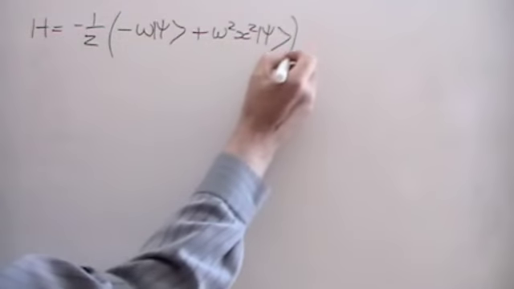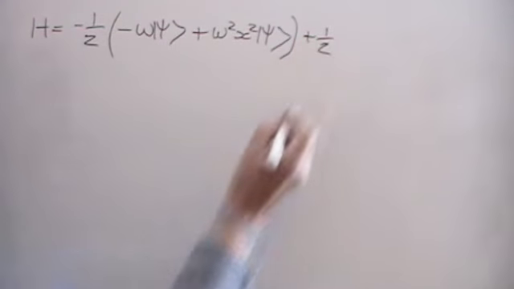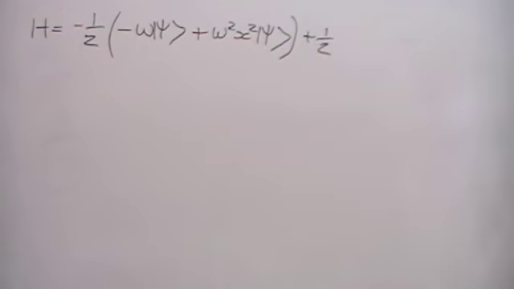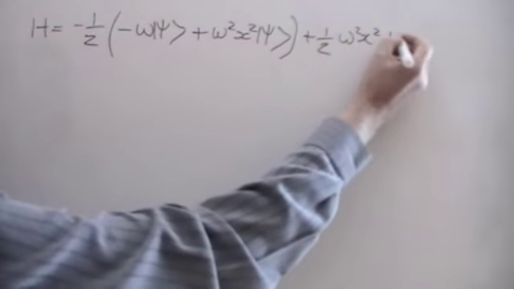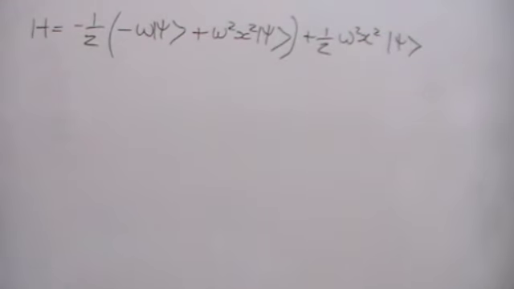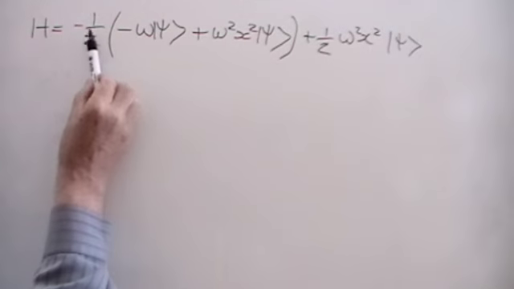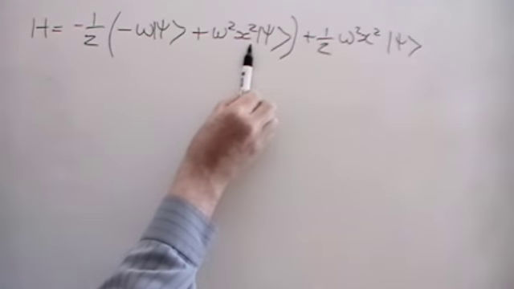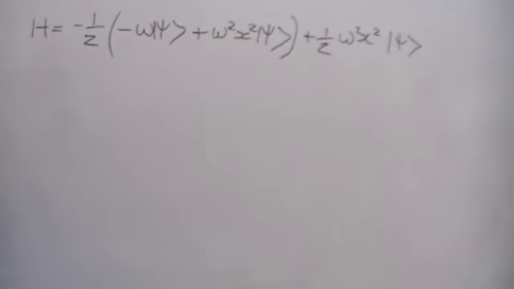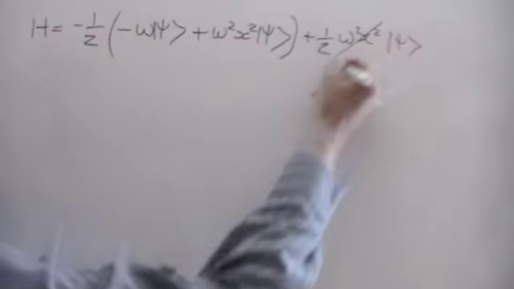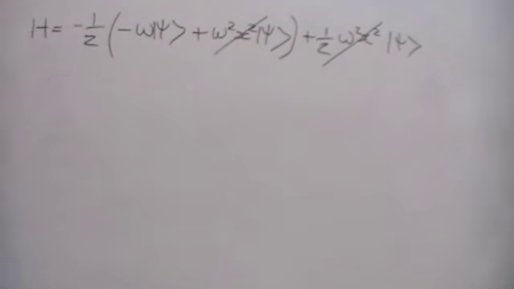And then we had to add to that plus a half, and this is the potential energy term, the kx squared term, which we had shown is equivalent to omega squared x squared psi. So look what we've got. We've got minus a half omega squared x squared psi plus a half omega squared x squared psi. That's 0. That term and that term disappear.